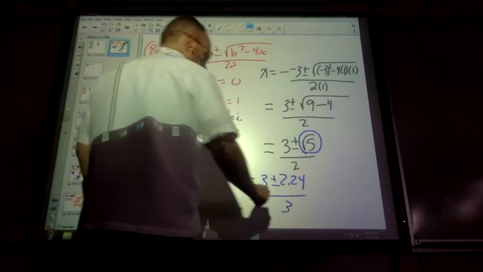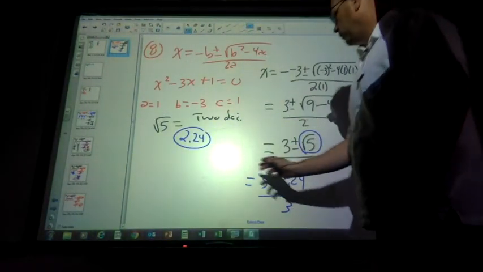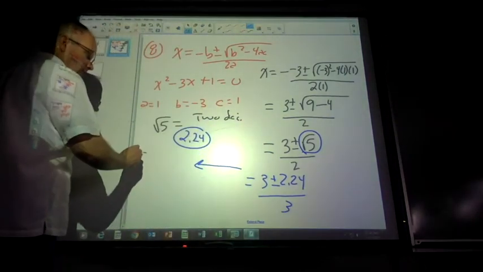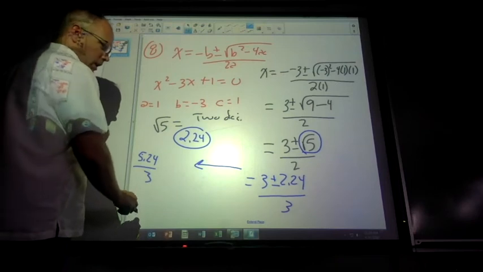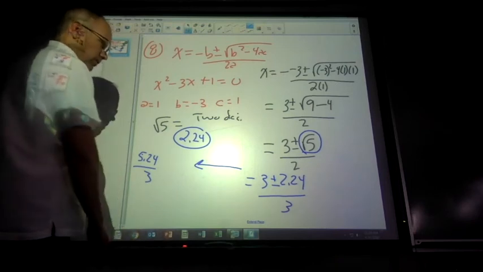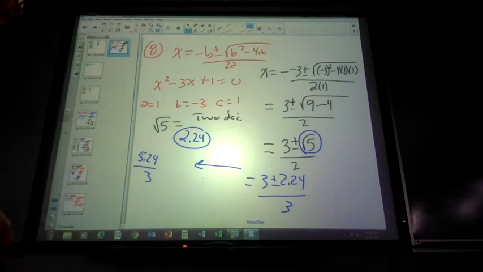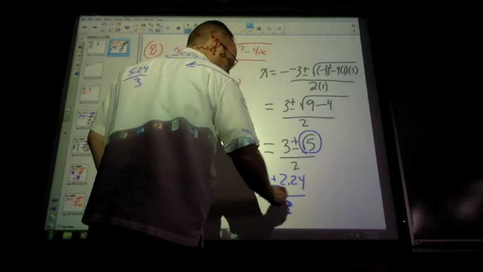over 2. There's 2 answers here. So let's see, my first answer is going to be 3 plus 2.24, so 5.24 over 3. My second answer is going to be, what is it? Is it over 2? Oh, it's over 2. I don't know where that 3 just came from. Thank you.